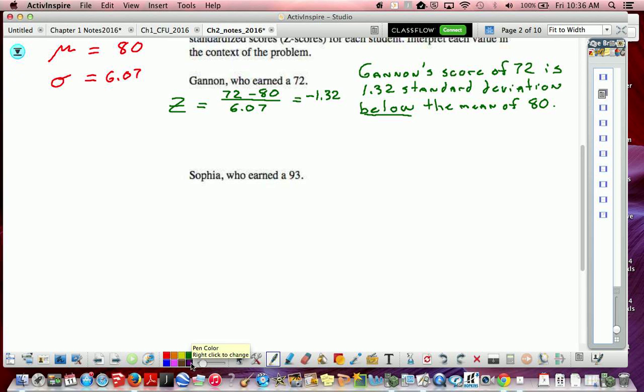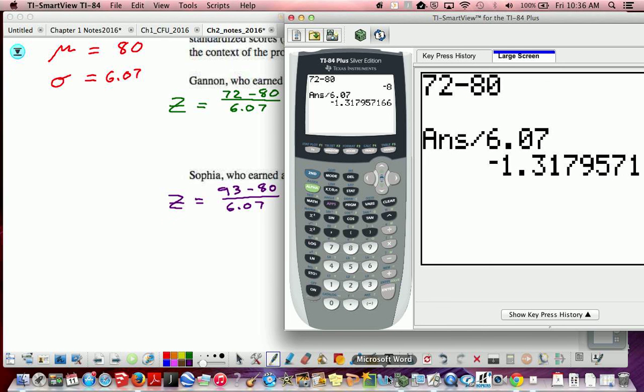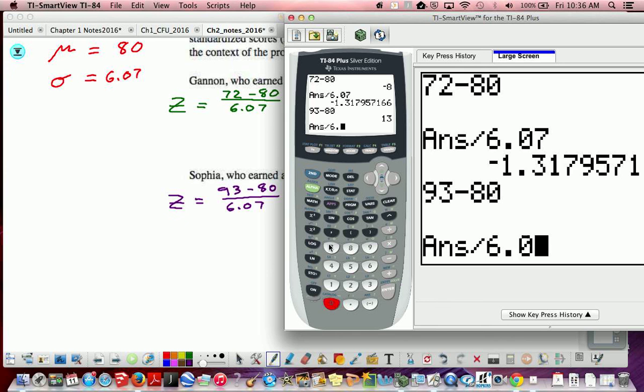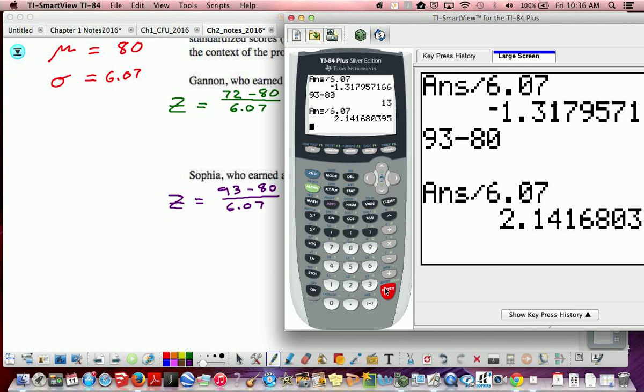I do the same thing for Sophia. Sophia had a 93. Oh, way to go, Sophia. 93 minus 80 divided by 6.07. It's going to be 2 point something. So 93 minus 80, some of you could do that in your head and get 13, divided by 6.07. 2.14.